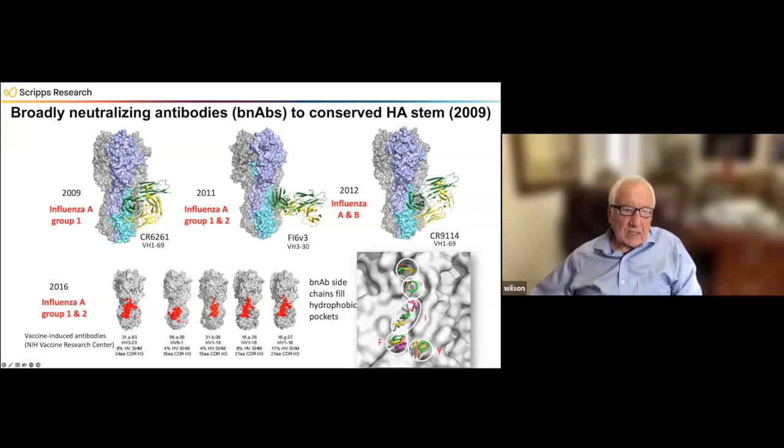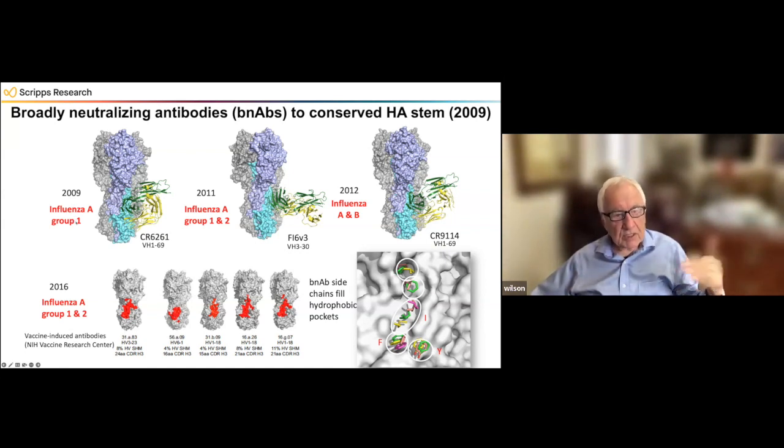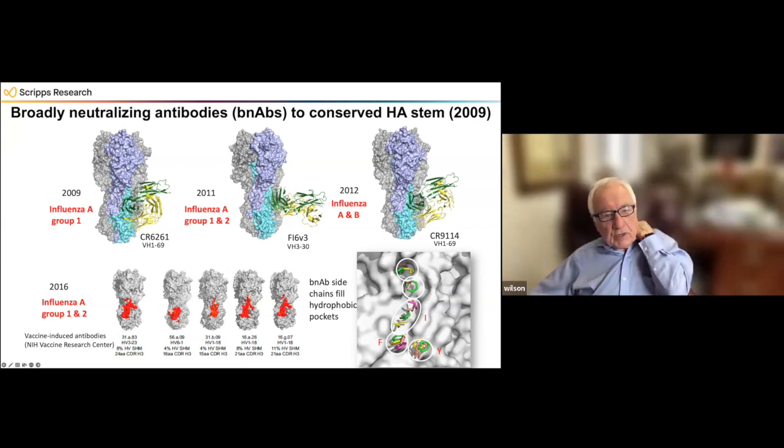Antonio Lanzavecchia produced an antibody, so this first antibody was against 10 of the 16 avian subtypes, and so that really hit 2 of the human pandemic viruses. Antonio Lanzavecchia found ones that hit all of the influenza A viruses.